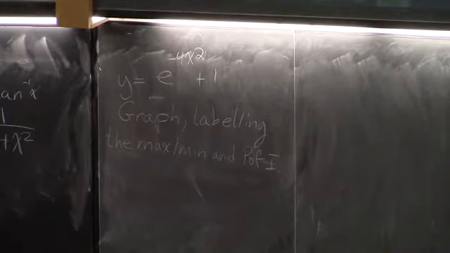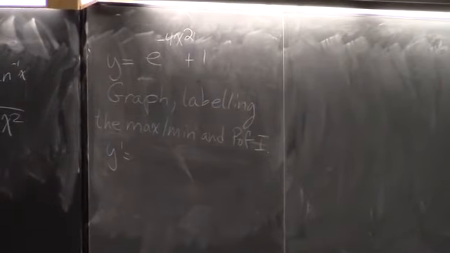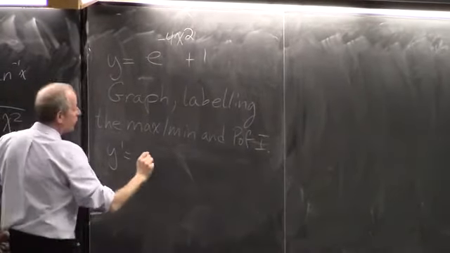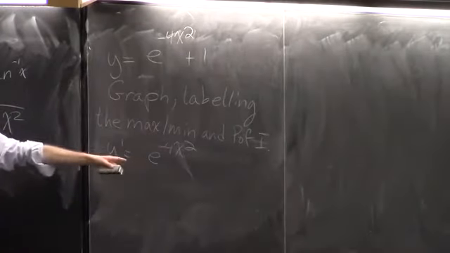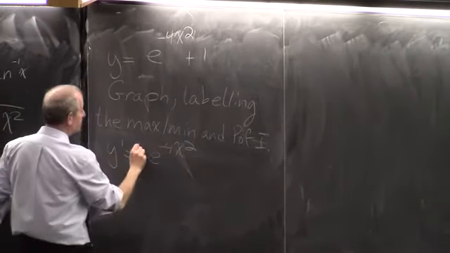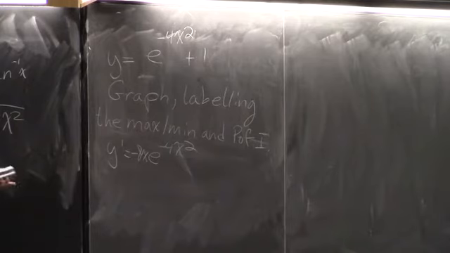Alrighty, let's take the derivative. What's the derivative of e to the minus 4x squared plus 1? It is e to the minus 4x squared times the derivative of minus 4x squared, which I like to put in front, but you don't have to. Okay? And the derivative of 1 is 0. So that was kind of an easy derivative.